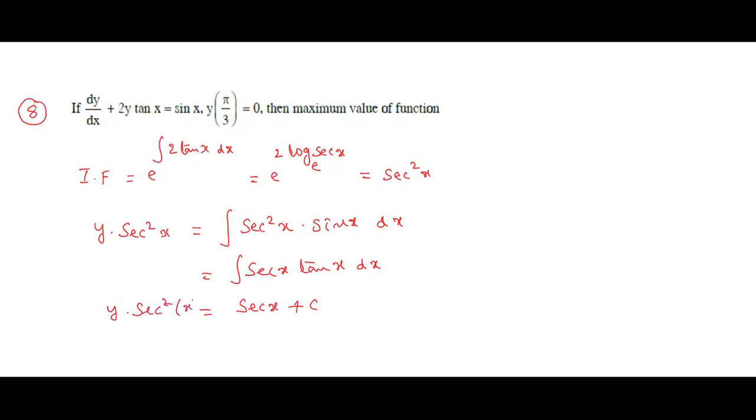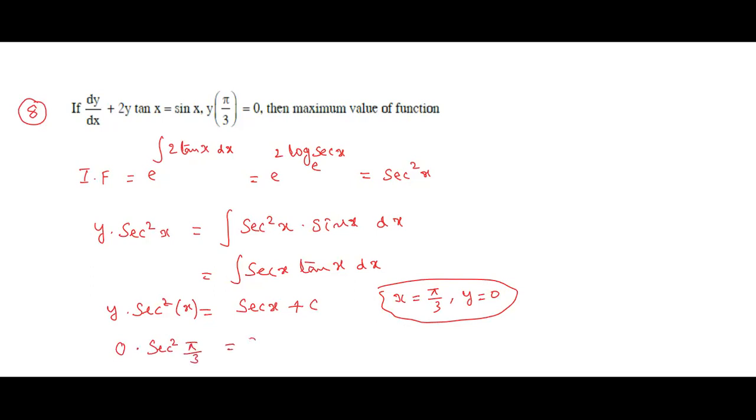Secant square x. But here observe that y of pi by 3 is equal to 0, given. That means x value is pi by 3 and y value is 0. That is the meaning of that. Substitute here 0 into secant square pi by 3.